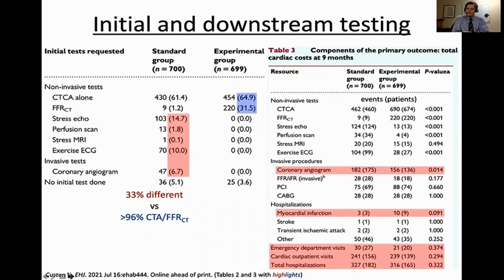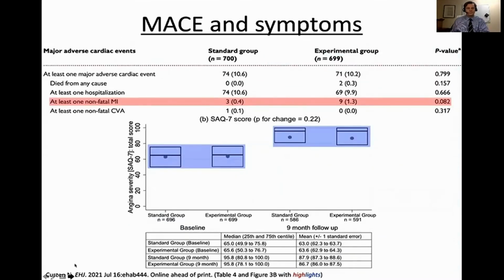Myocardial infarctions, intriguingly, although it didn't reach statistical significance, were higher in the experimental group. And if you look then down at visits to the emergency department or the outpatient clinic or total hospitalizations, no significant difference between the groups for those kind of healthcare utilization pieces. What about adverse events? You can see that the total number was extremely similar between the two groups.